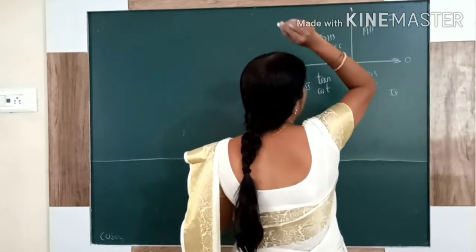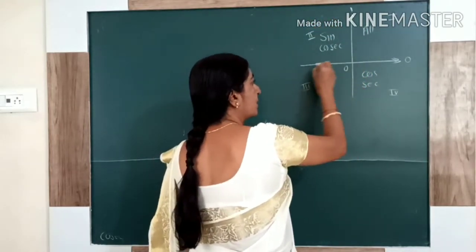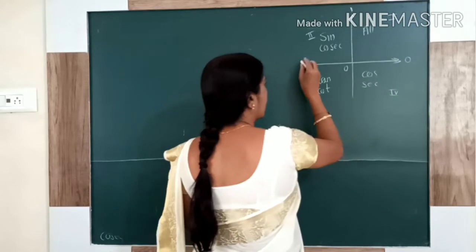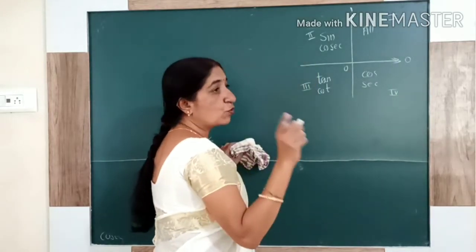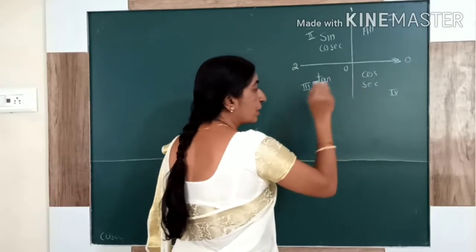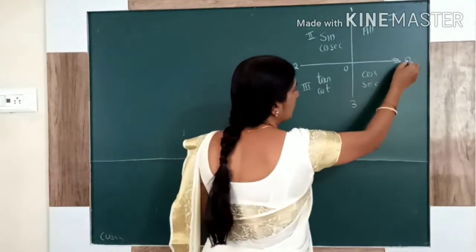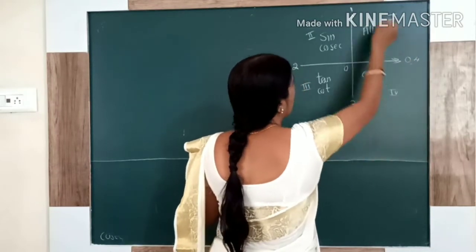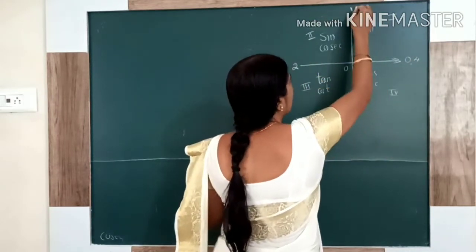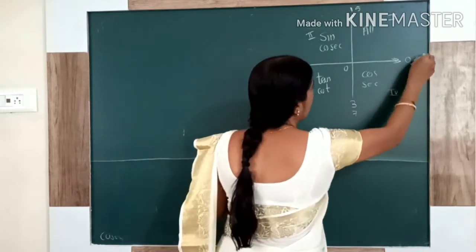90 means its coefficient is 1. Again from here to here 90 degrees. That means this is a straight line, 180 degrees. 180 is split as 2 into 90. So it is 2. It is 270. 270 is 3 into 90. It is 360, which is 4 into 90. Like this the coefficient goes on. And here 5, 6, 7, 8.